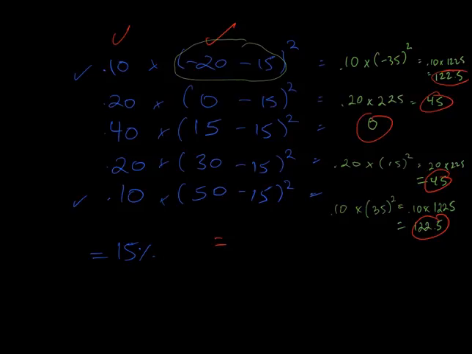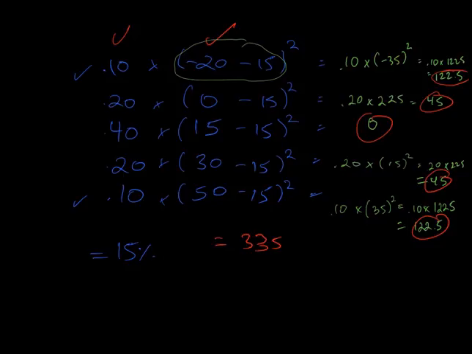So 122.5 plus 45 plus 0 plus 45 plus 122.5 equals 335. 335.